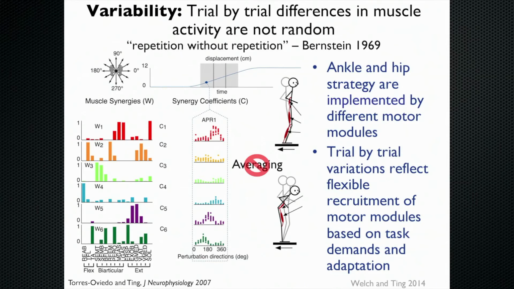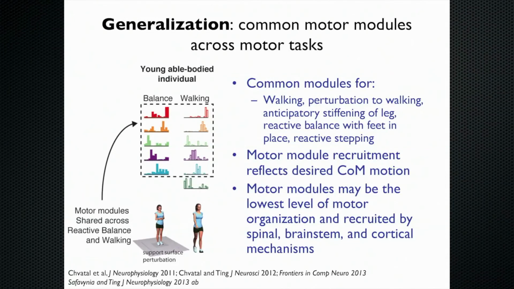And this is extremely important in looking at a clinical population because people differ in how they move from one trial to the next, but the underlying control structures could in fact be similar. So we can extract principles about movement and to understand how each individual is remembering how to do the same task, what seem like very similar tasks on the outside. So the trial by trial variations are not just random variations in muscles, they're task-dependent variations.